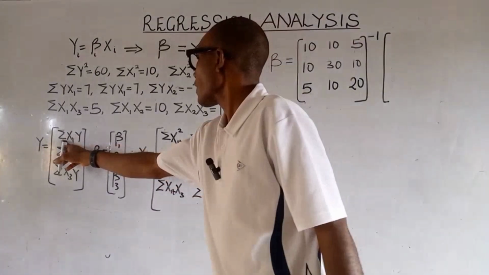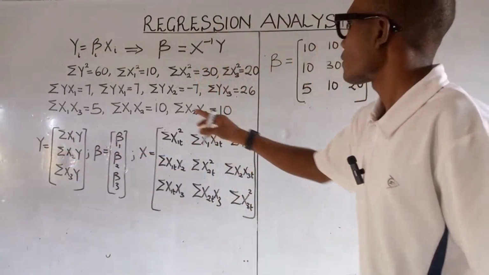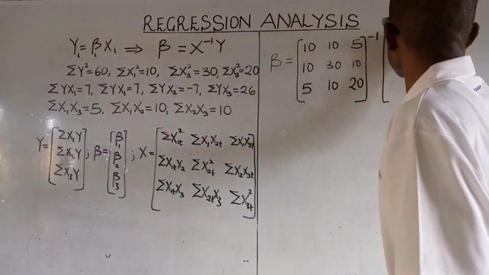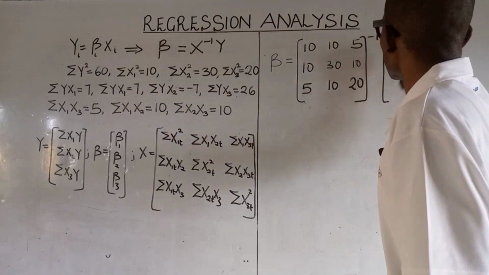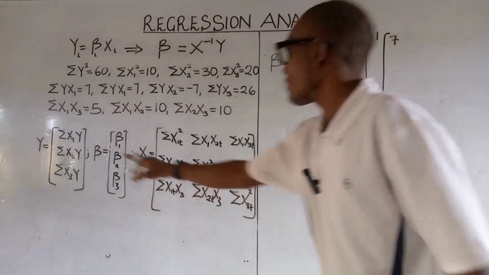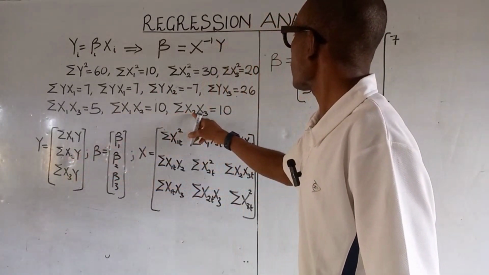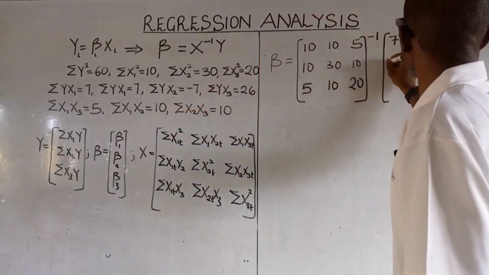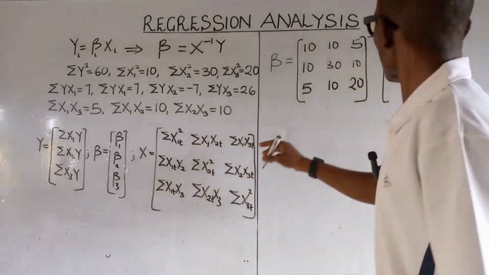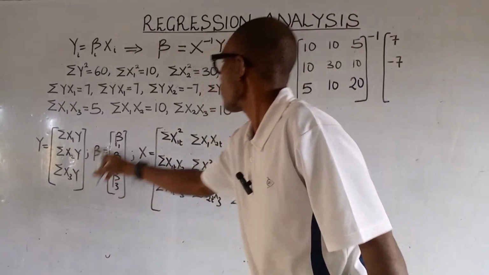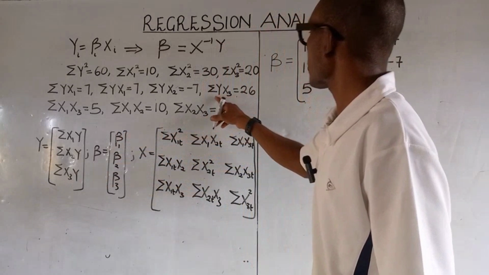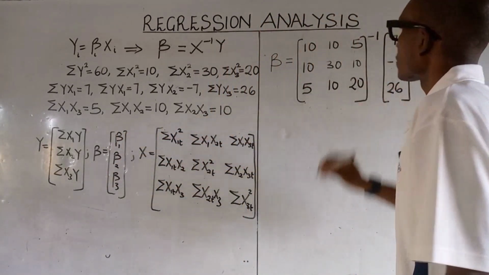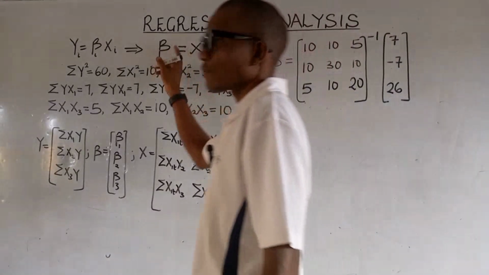Our y is here: x1y, which is 7. We also have x2y, which is minus 7. We also have x3y, which is 26. So that is it for B.